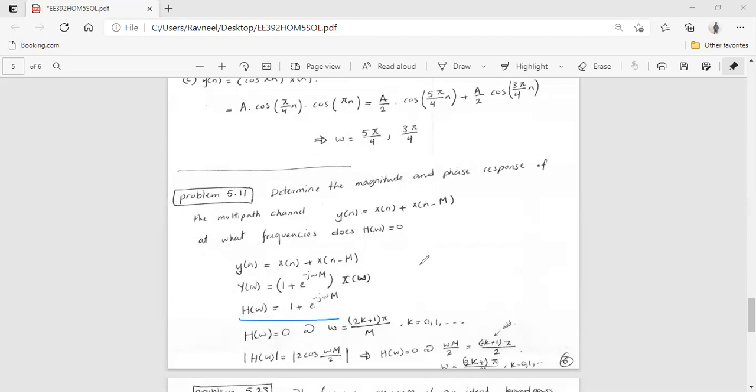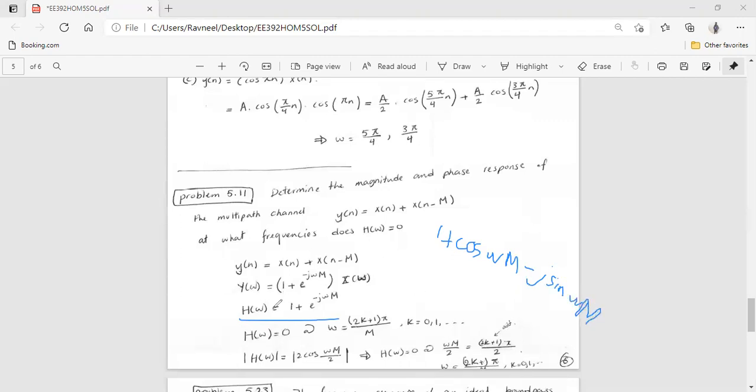We can expand this and rewrite H of omega as 1 plus cos of omega m minus j sine omega m.